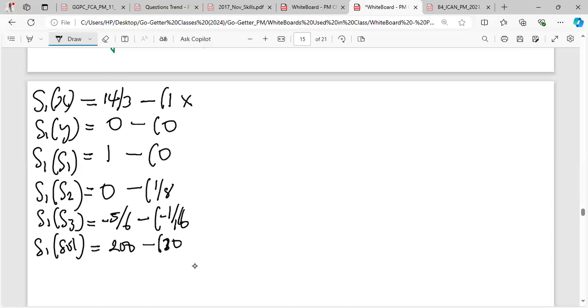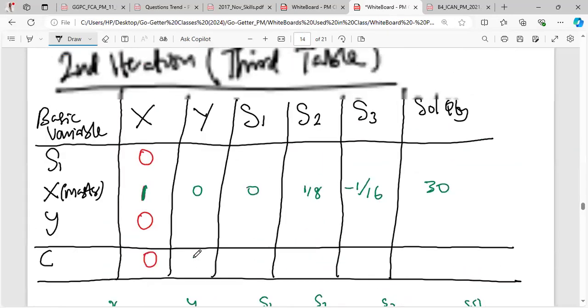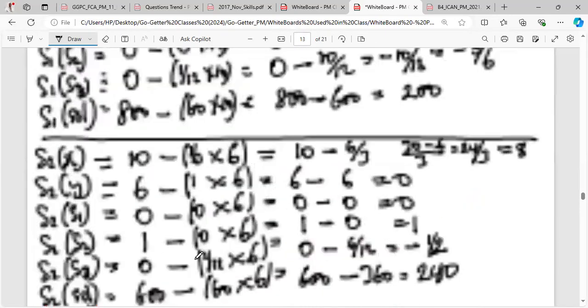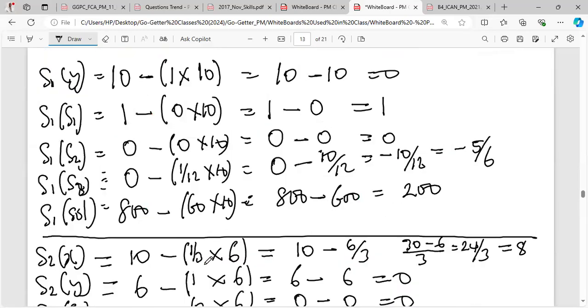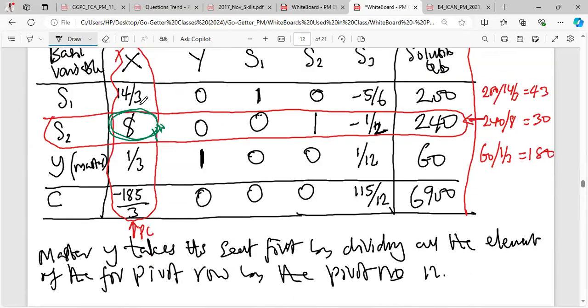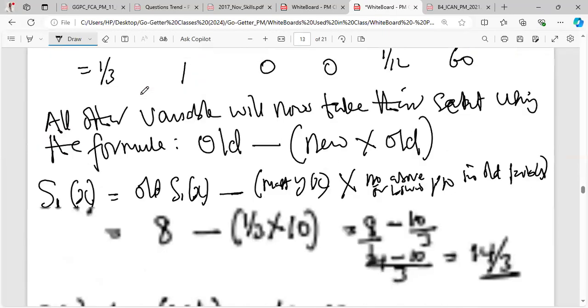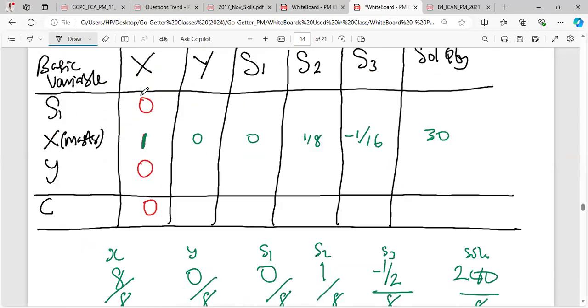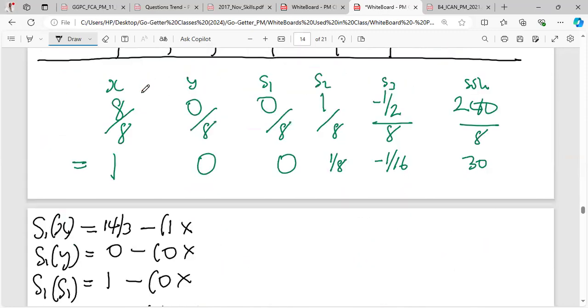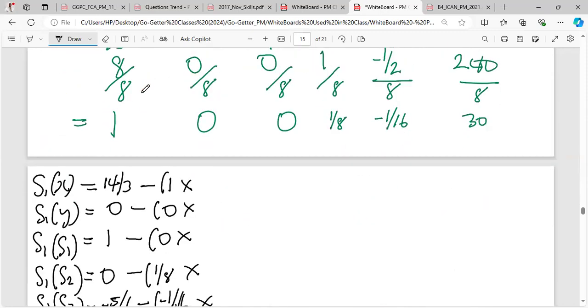Then there's going to be a times the number above pivot. If you look at it here, when we had our pivot number, 14 over 3 is the number above pivot. So 14 over 3 will run common in all of them. So 14 over 3 will be here.